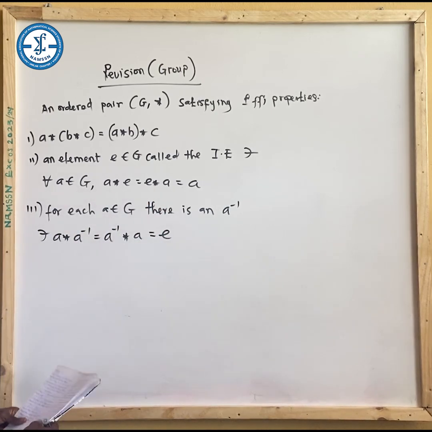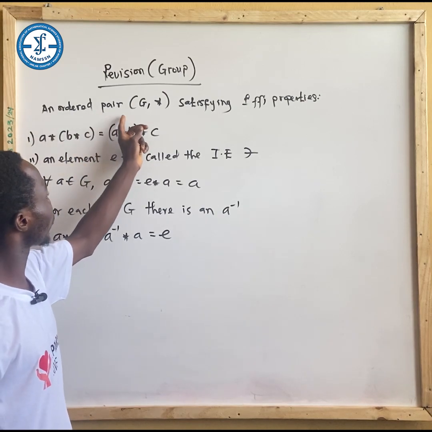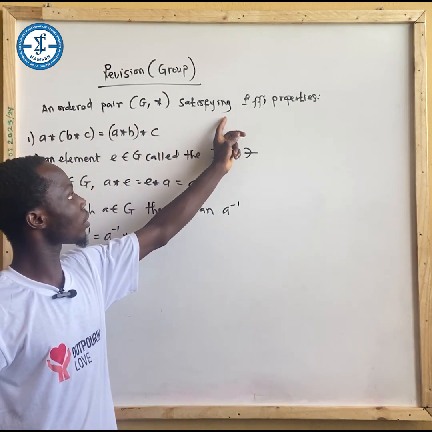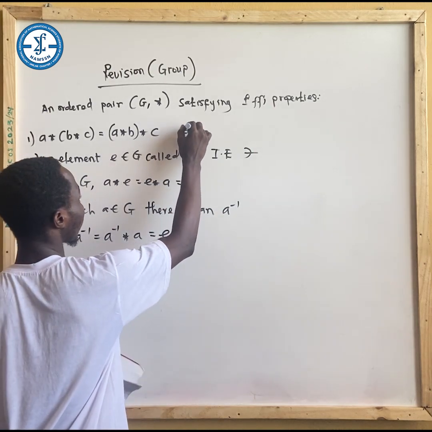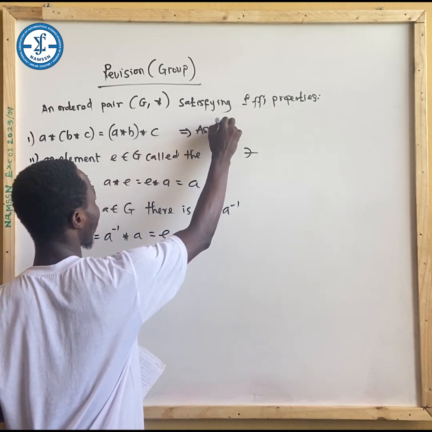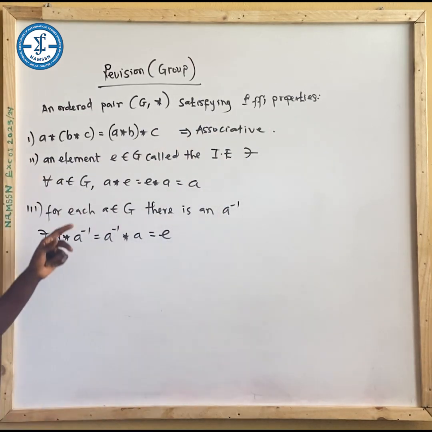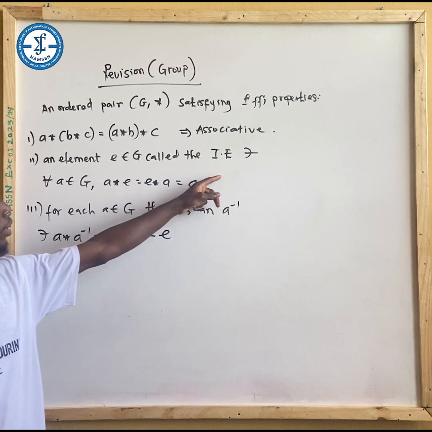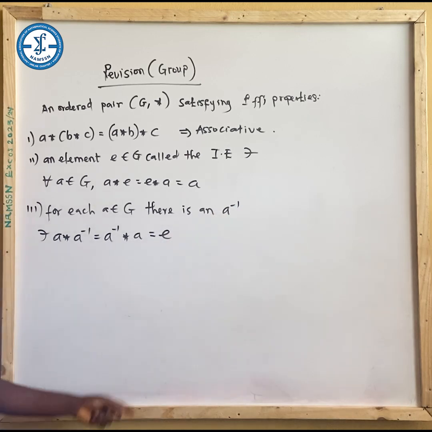So this is a group, and a group is said to be an ordered pair satisfying the following properties: if it is associative, if there is an element E in G called the identity element such that this holds, and also if there is an inverse element such that this also holds.